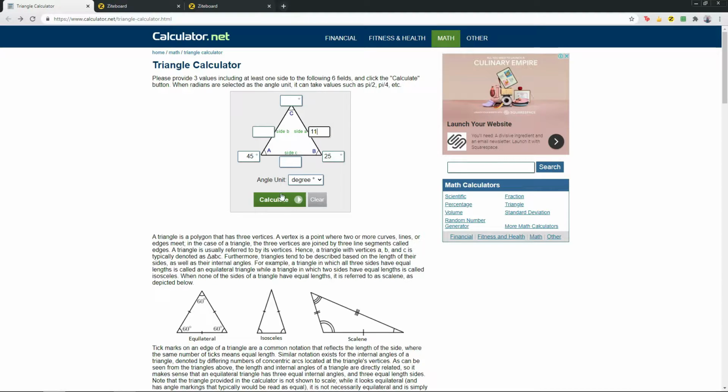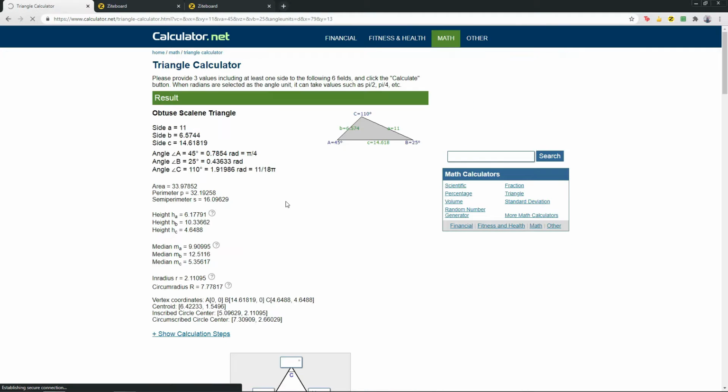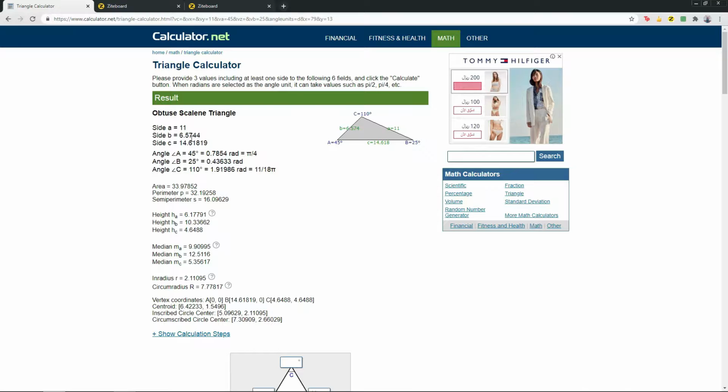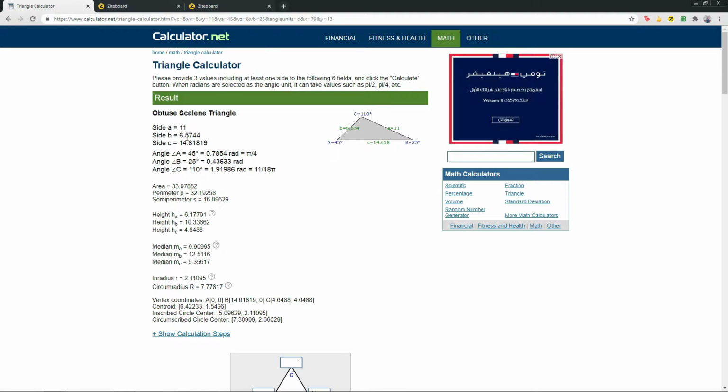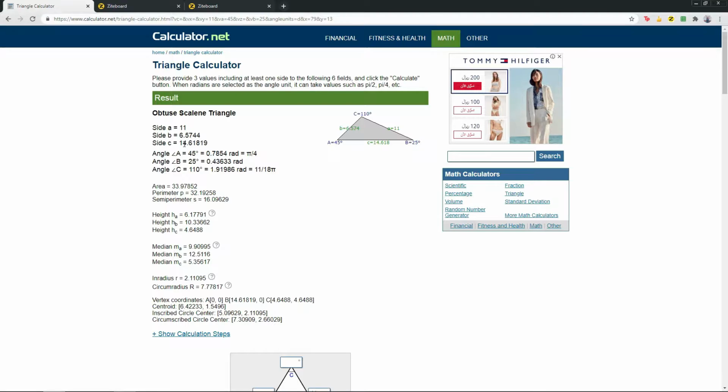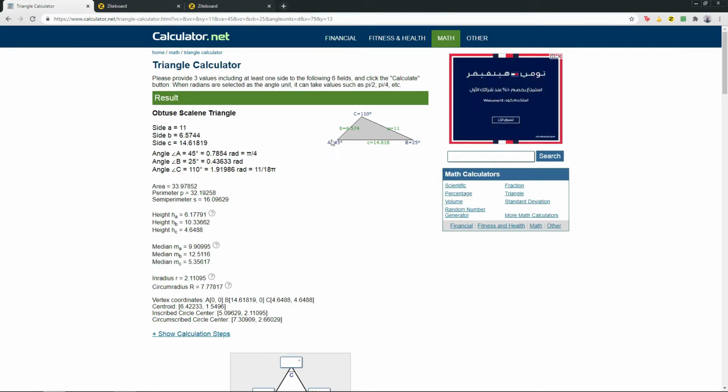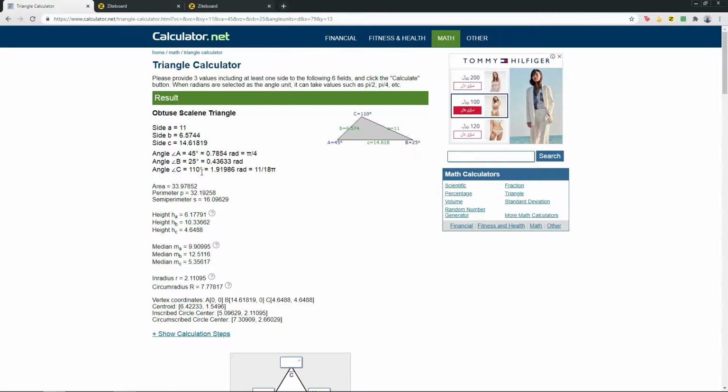So just press calculate once you're done inputting the values. And here, you're gonna see that side B is equal to 6.6 units, side C is equal to 14.6 units, and angle C is equal to 110 degrees.